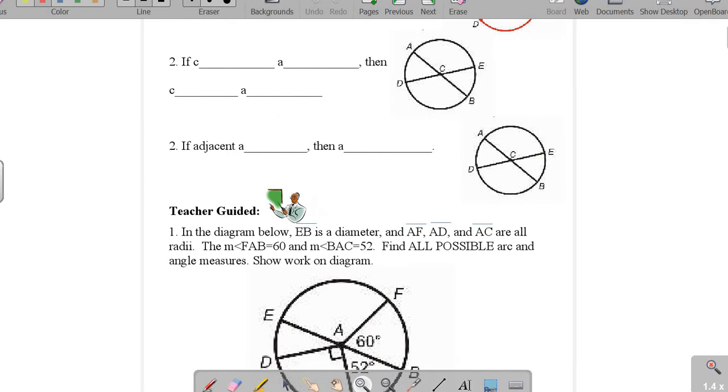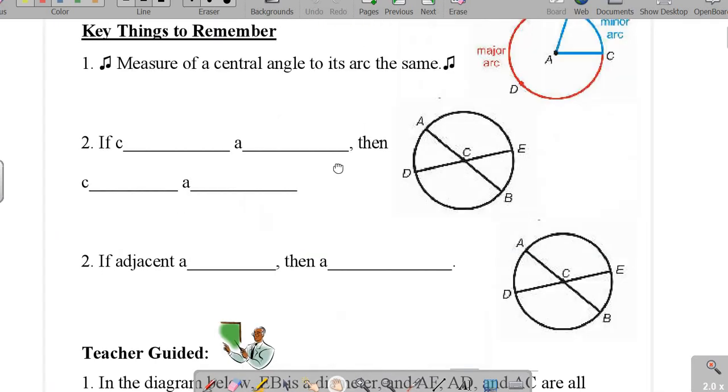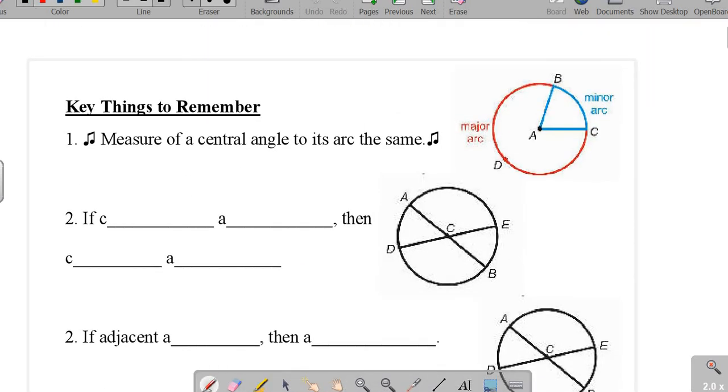Now that central angle has a very simple, very important property. Measure of a central angle to its arc the same.